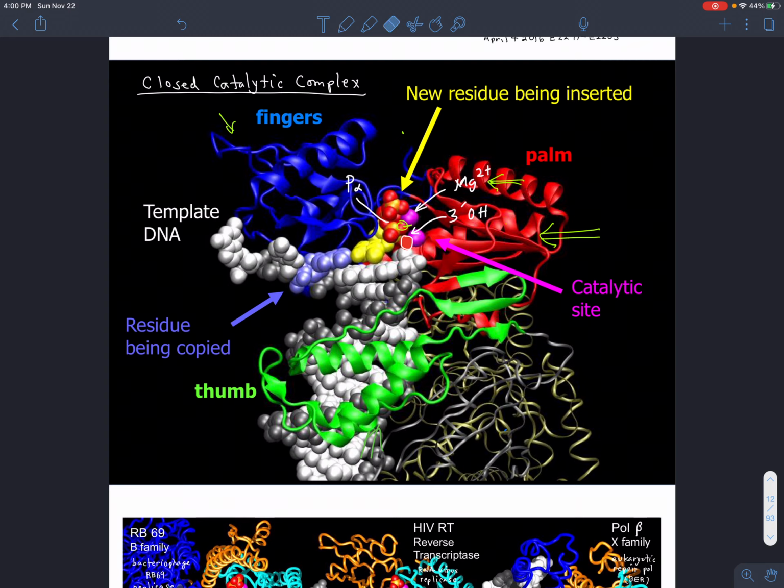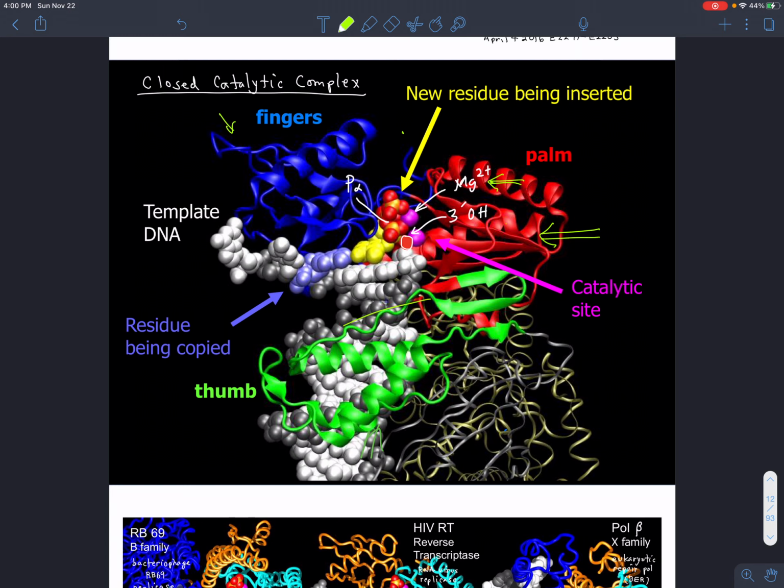And so those 4 negative charges are obviously going to interact very strongly with the magnesium, especially in this environment, because most of the water has been excluded from this environment, so there isn't any competing water. So that magnesium is important for positioning and binding the triphosphate group, and the other magnesium is important for actually catalyzing the reaction, the attack of the 3'OH on the phosphate.